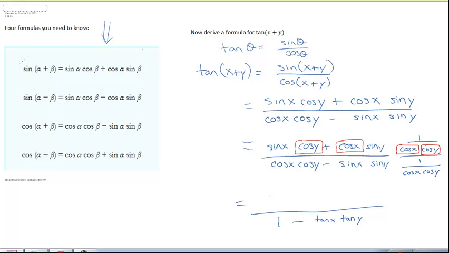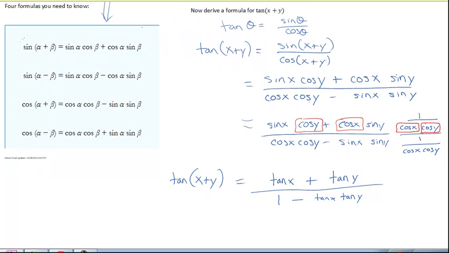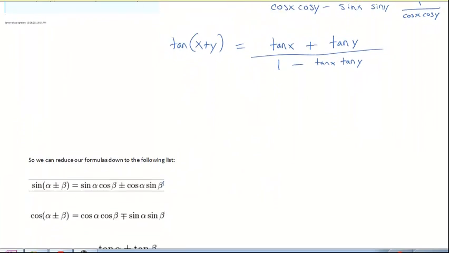Meaning that for the first term, I'll have sine x over cosine x, which just becomes tan x. And for the second term, I'll have sine y over cosine y, which just becomes tan y. Thereby giving us the formula that tan of x plus y equals tan x plus tan y over 1 minus tan x tan y.